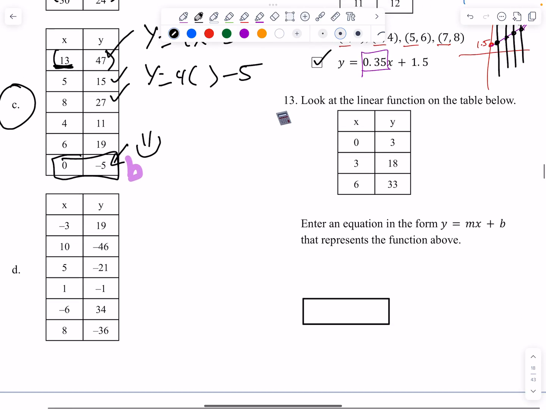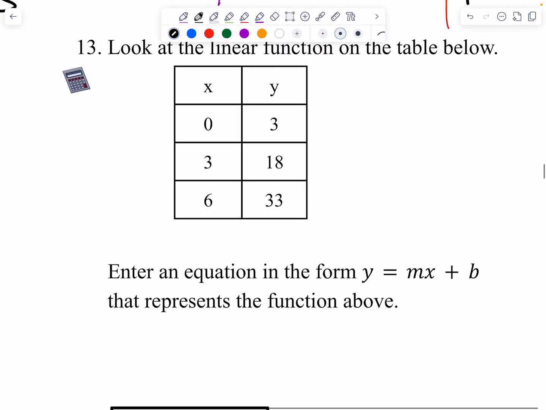All right, moving on. So here's another one. Enter the equation in the form of y equals mx plus b. Remember what we said? That is when x equals 0, because it is your y-intercept. There's x equals 0. That means that's your b. So that makes my life easier. Now what's the slope?